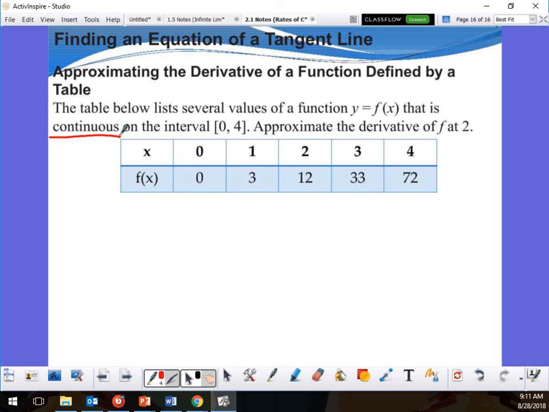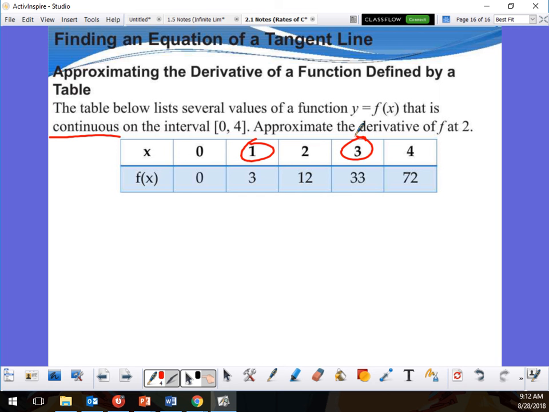So that's what I'm going to try and do. I'm going to use values on both sides. So it's the slope formula. I'm going to use this value here and this value here. Because if I just do these two right here, I'm going to get the slope on this side. If I get these two over here, I'm going to get the slope on the other side. But I want somewhere in between. So I want to use both sides to actually get that.